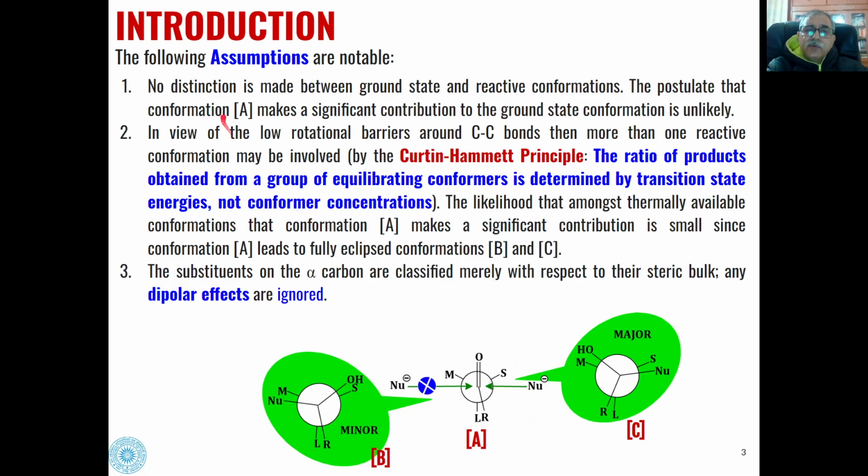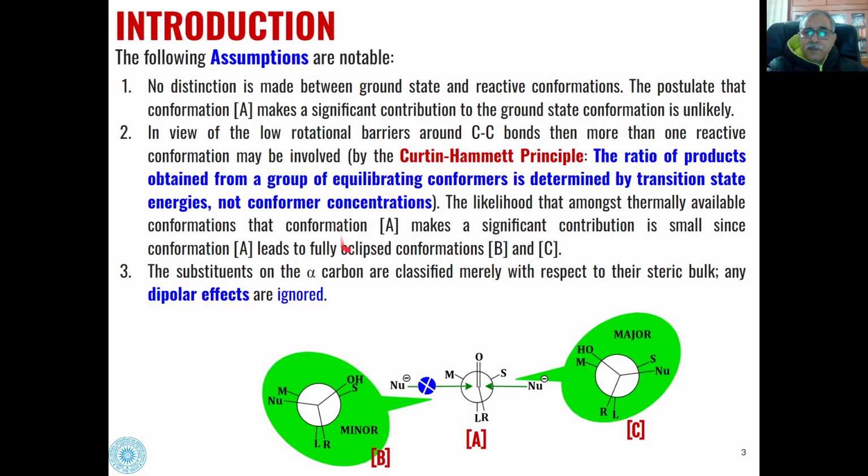In view of this, with low rotational barriers around carbon-carbon bonds, more than one reactive conformation may be involved. This is as per the Curtin-Hammett principle, which says that the ratio of the products obtained from a group of equilibrating conformers is determined by transition state energies, not by the concentration of the conformers.